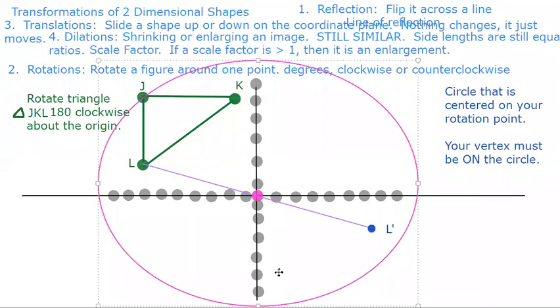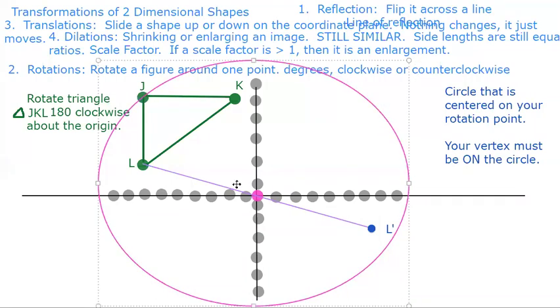I may not be able to get that one all the way down there, so we're probably just going to have to estimate that one. If your circle doesn't work out exactly, what else could you do? You could see what the distance is between J and L, and you could put this in over here. As you can see, my screen is not big enough.